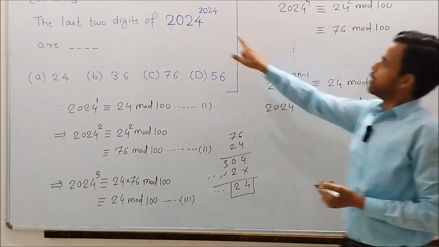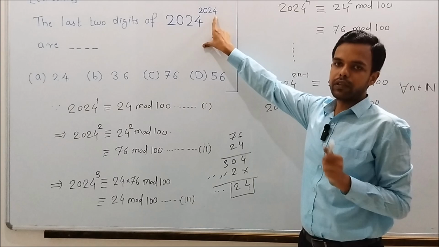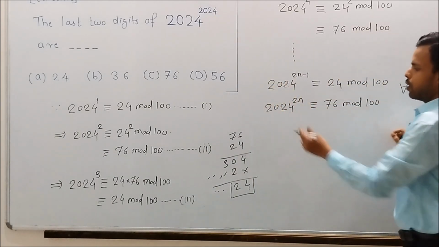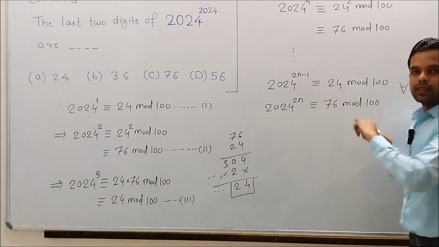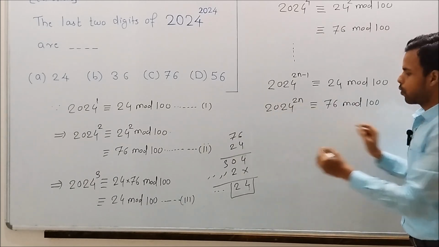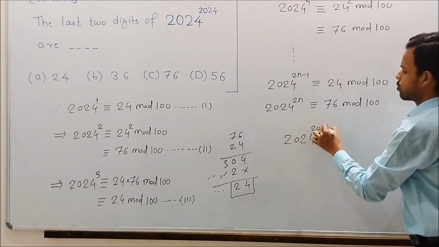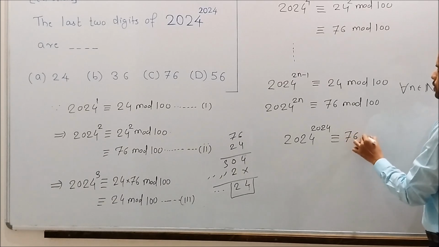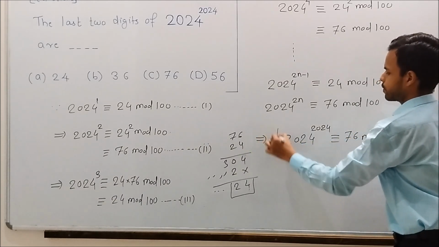In our case, the power 2024 is an even number, it can be written as 2 times 1012. So from case 2 we have 2024 to the power 2 times 1012, that is 2024 to the power 2024, is congruent to 76 modulo 100.